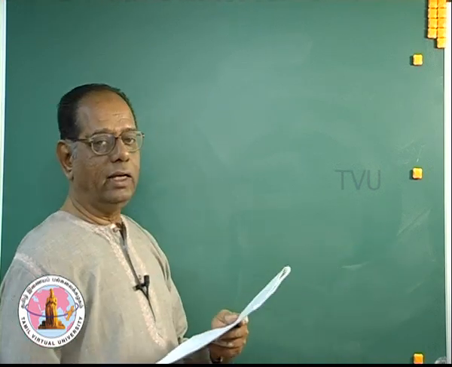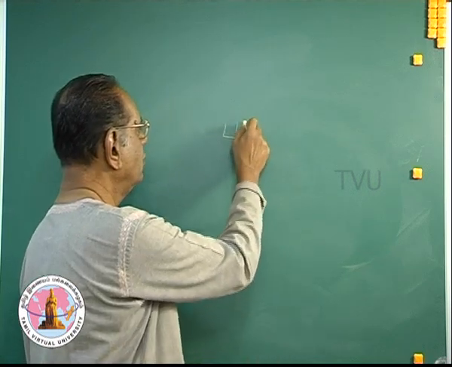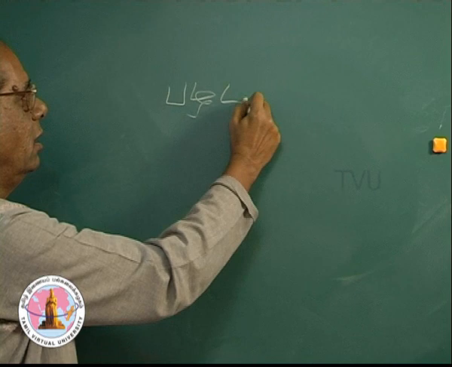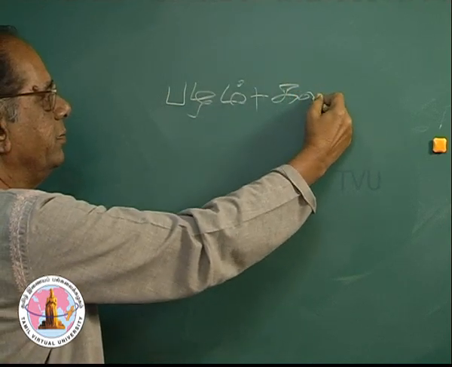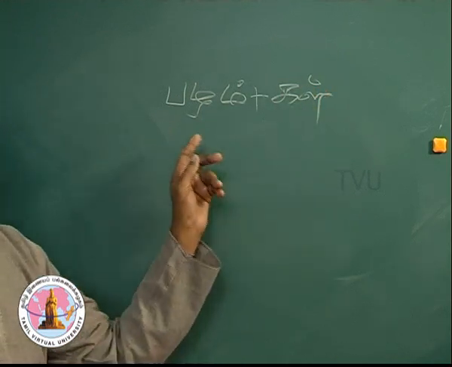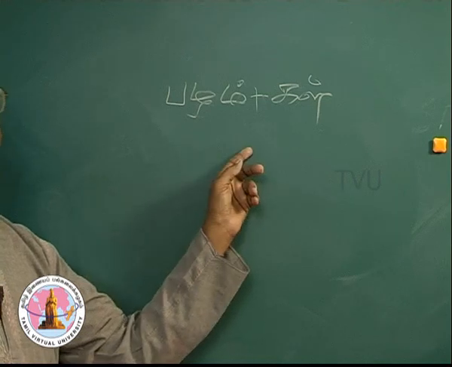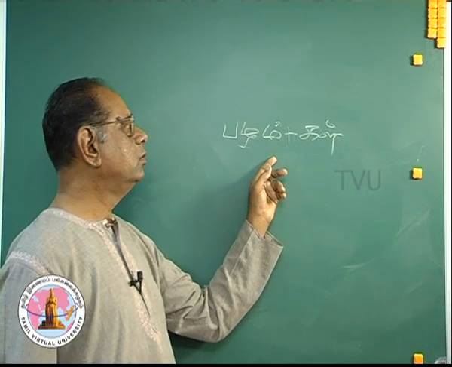Now we shall take up another list of words where a small change takes place. Param. Remember what param means? A fruit.